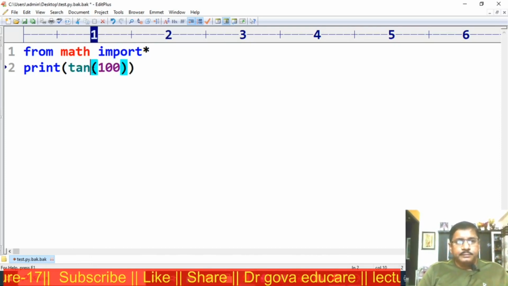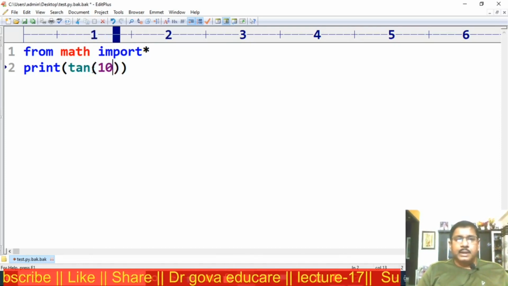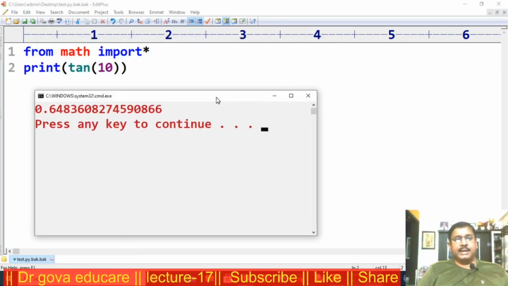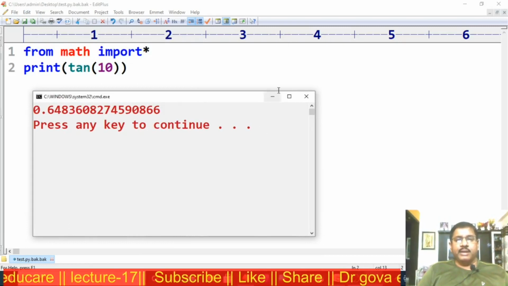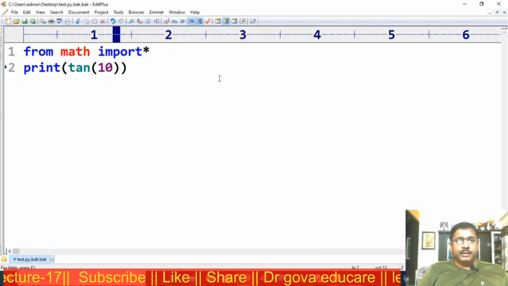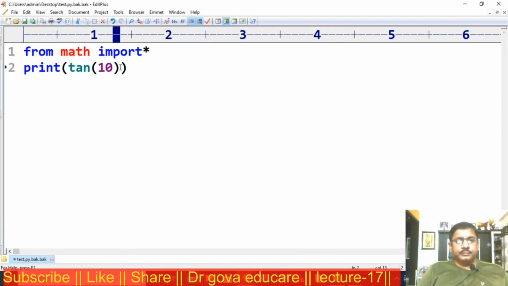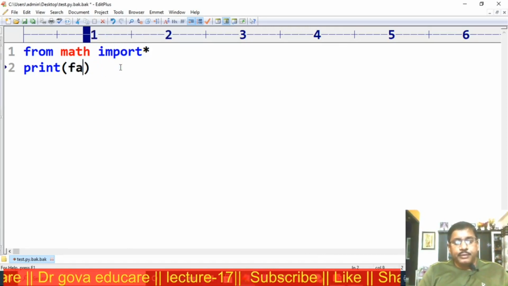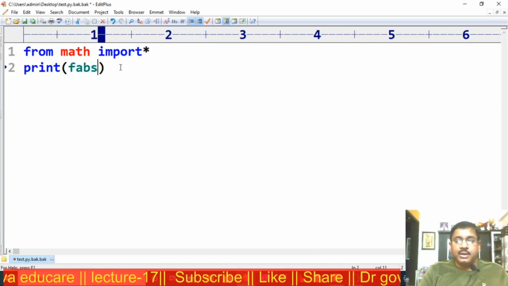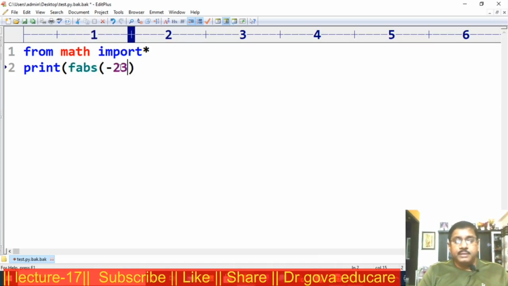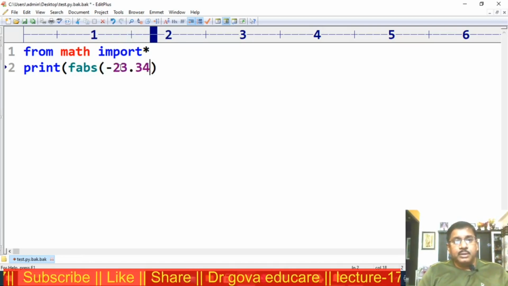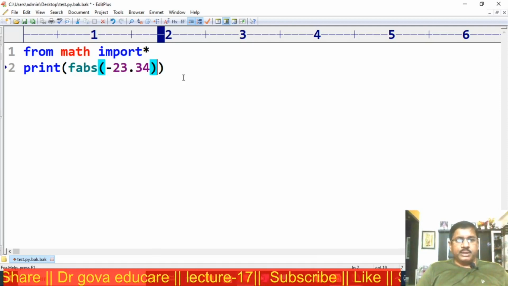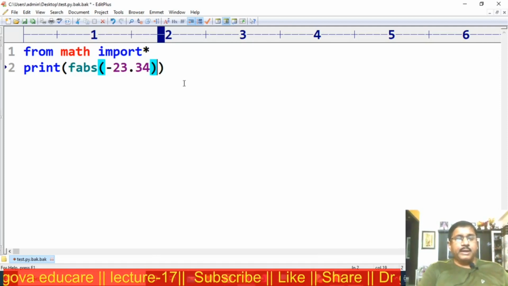Now I want to perform another one, tan of 10 radians. This is the tan 10 radian value. Now I am using fabs of minus 23.34. We get the absolute value, that is the output is 23.34.